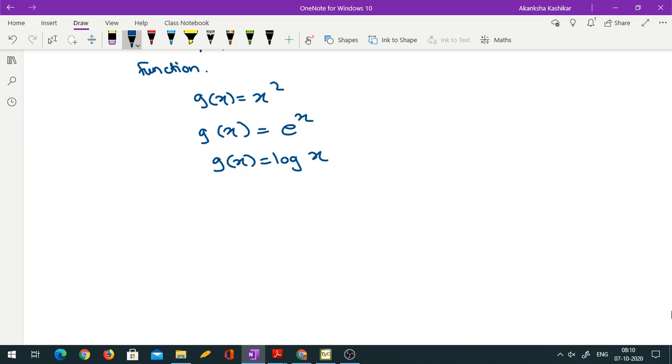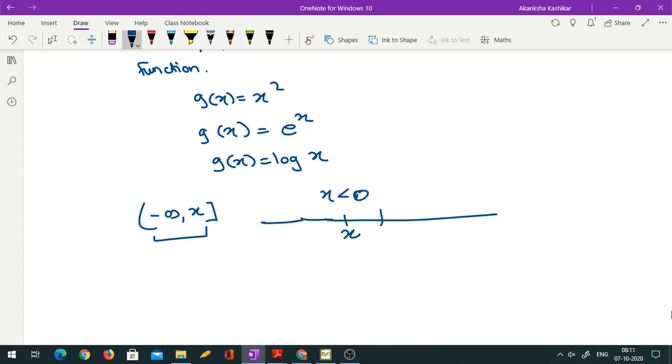We won't do it for all Borel sets, we will consider only intervals of the type minus infinity to x, because we know it is enough to check for those. So what would be the inverse image of this interval under x square? First of all, if x is negative, then the interval consists of only negative numbers.